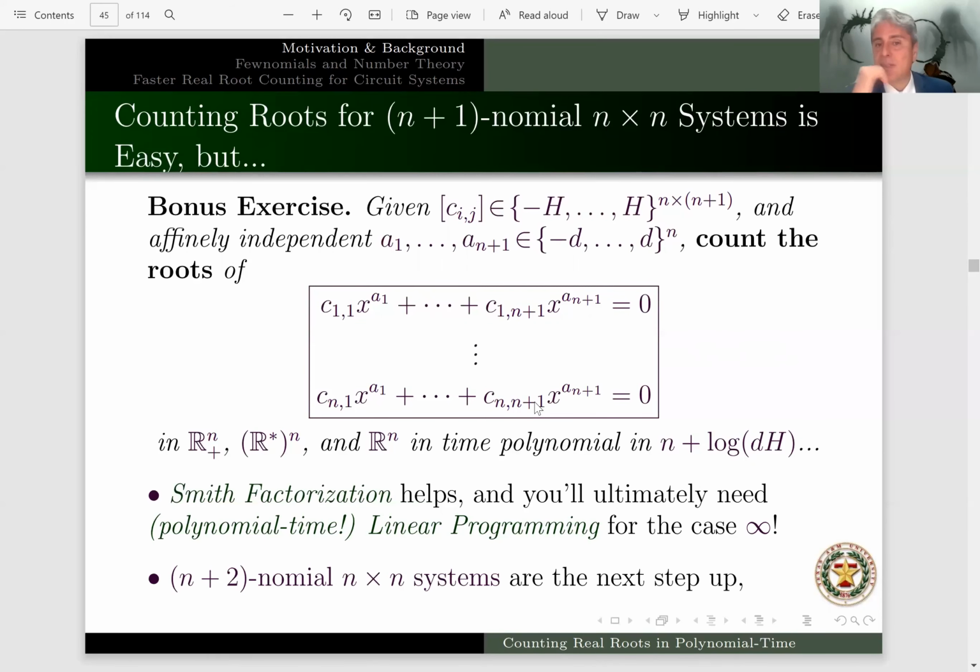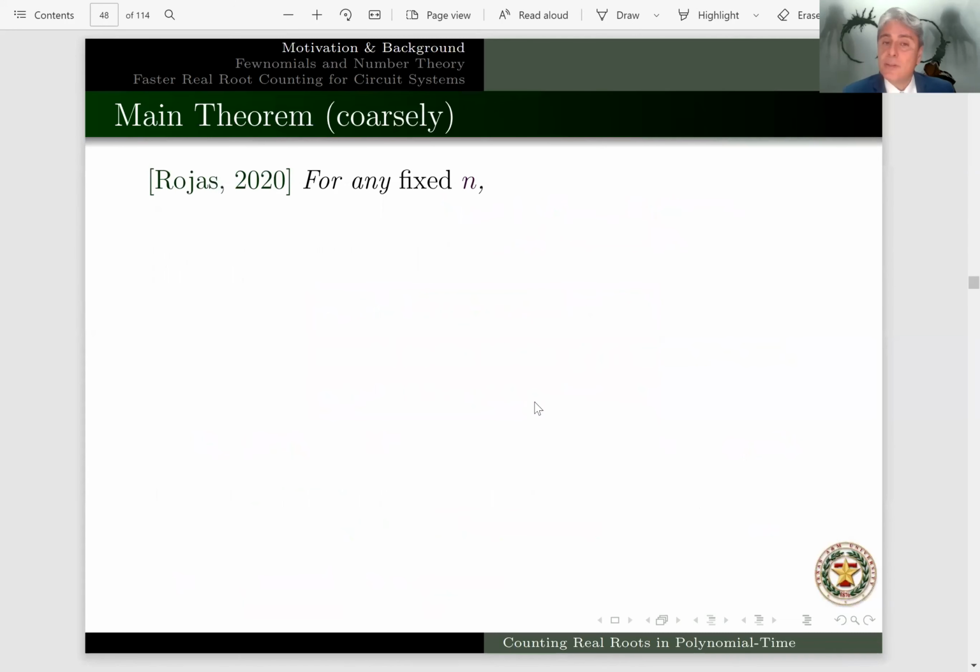But the next step up is what we're going to talk about for the rest of the talk. So n plus 2 nomial, n by n, n equations and unknowns, n plus 2 distinct exponent vectors. It is the last tractable case for now, with current technology. So the main theorem roughly is the following.